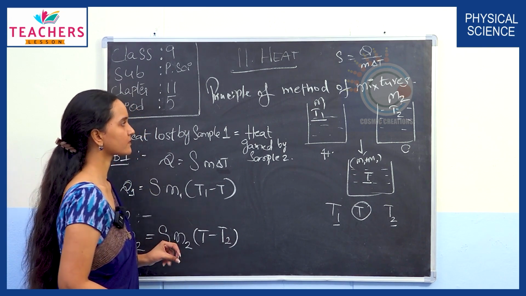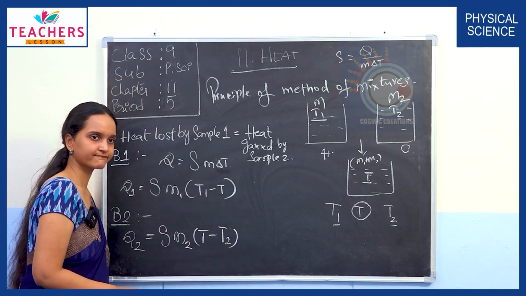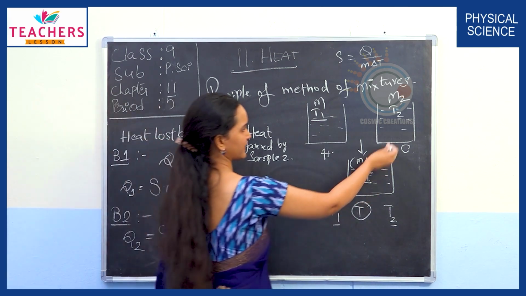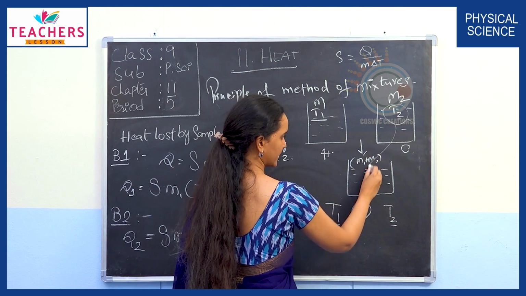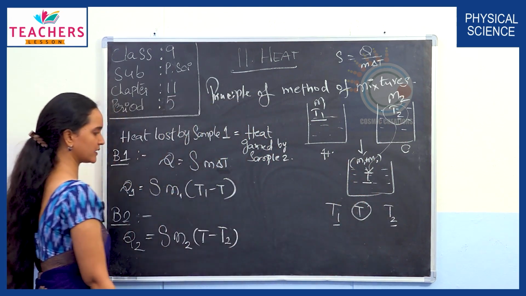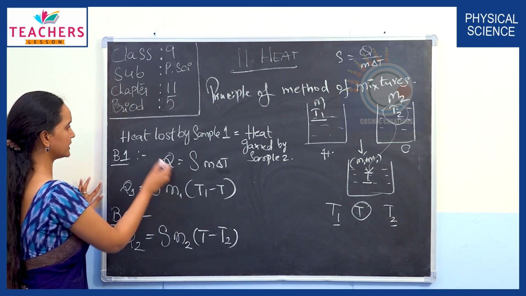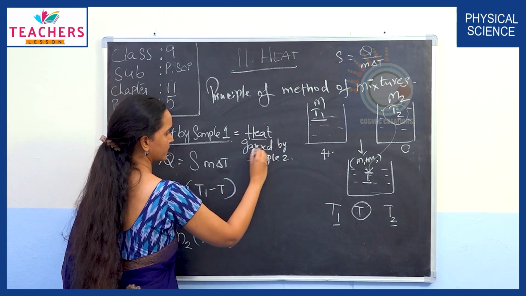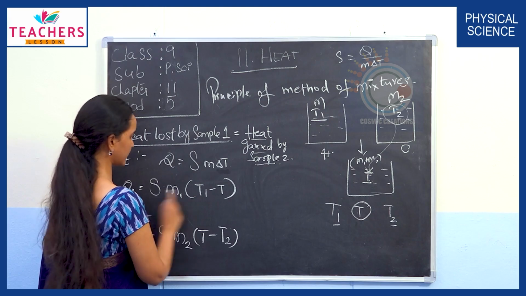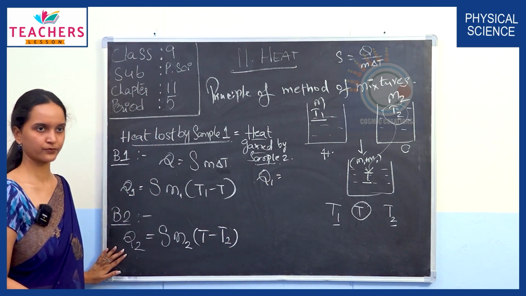Because the second beaker has a lesser temperature, and the temperature increased from T2 to T. Hence it is T minus T2. T is greater than T2. Now we know that heat lost by sample 1 is equal to heat gained by sample 2, which means Q1 is equal to Q2. Correct?